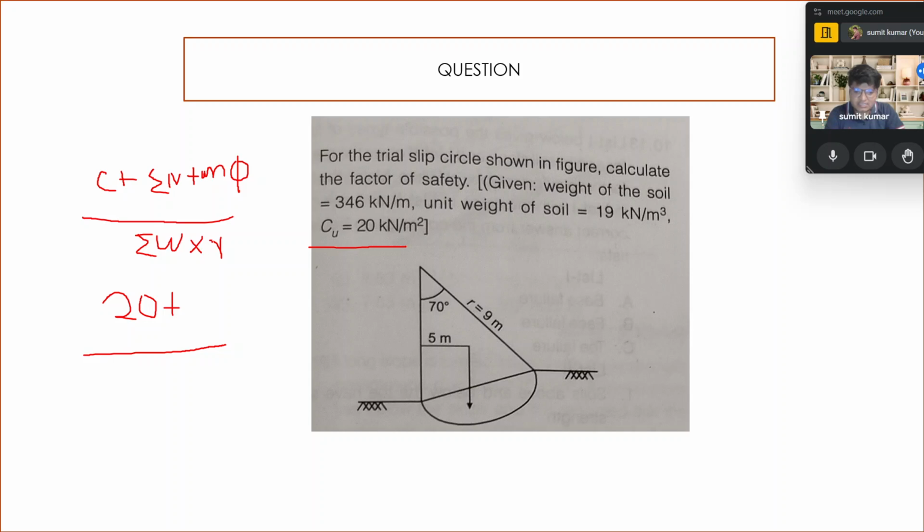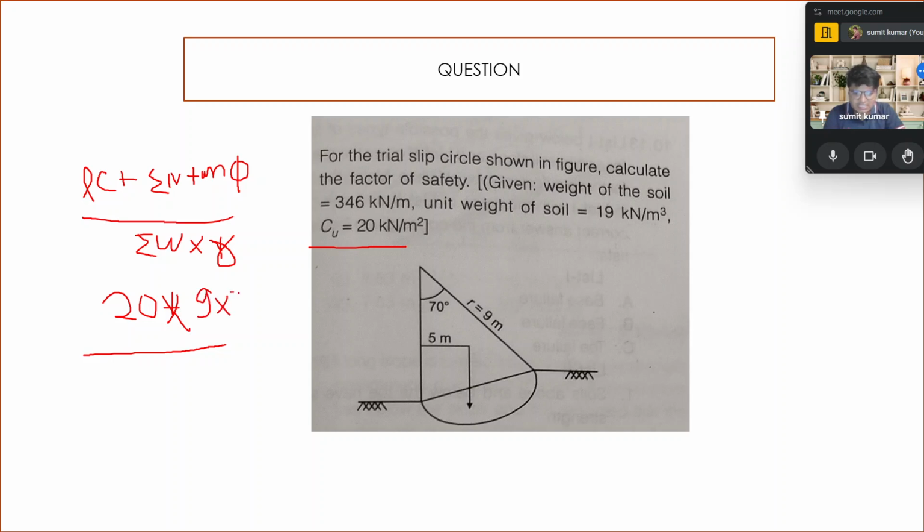W into R. This is not gamma. This is R. So W is 346 kilonewton per meter. Or yeah, C into L. So this L is nothing but R theta, and R is 9, right? And theta is 70.